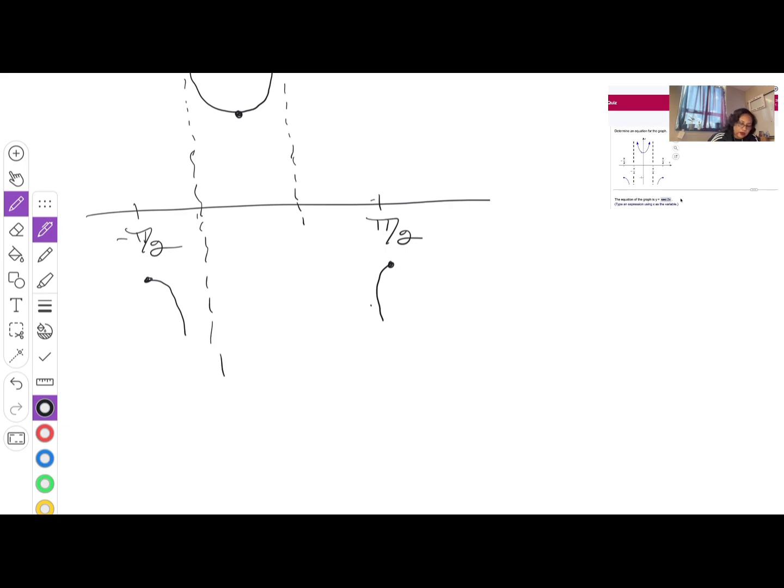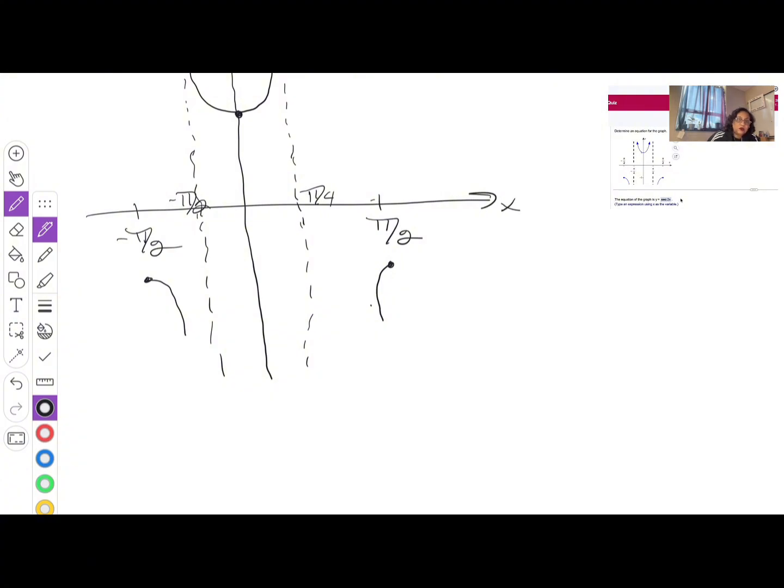So from negative pi over 2 to pi over 2, this function. So this is what you're given. And you know that the asymptotes are at pi over 4 and negative pi over 4.